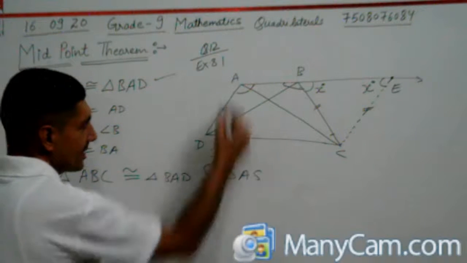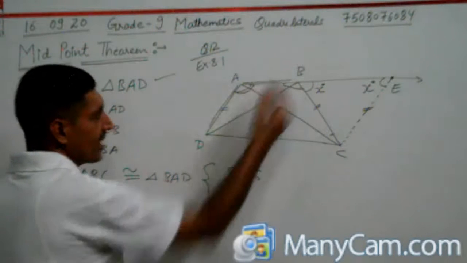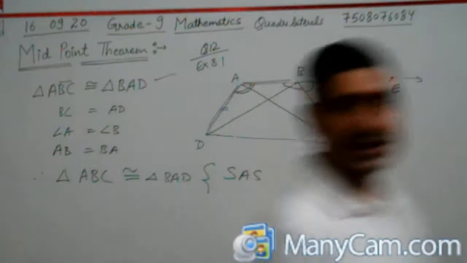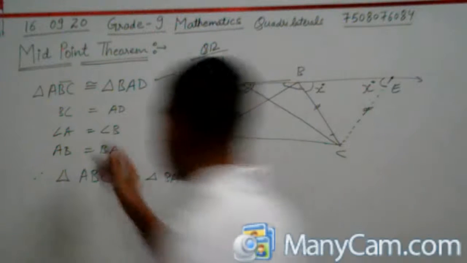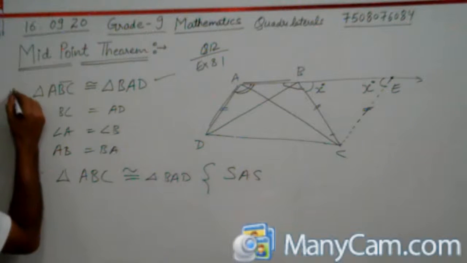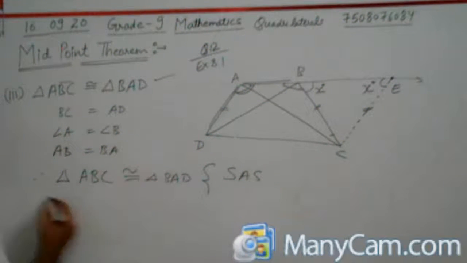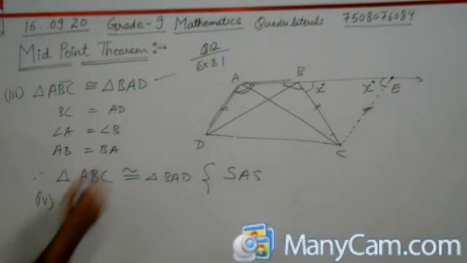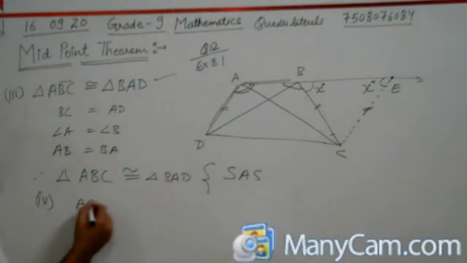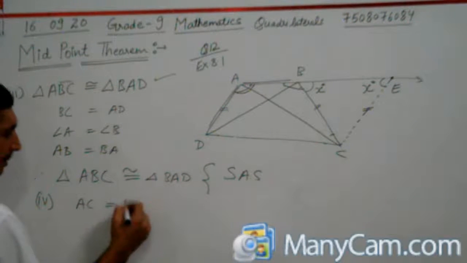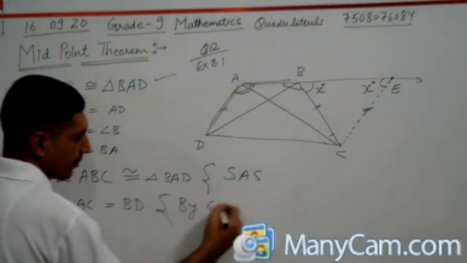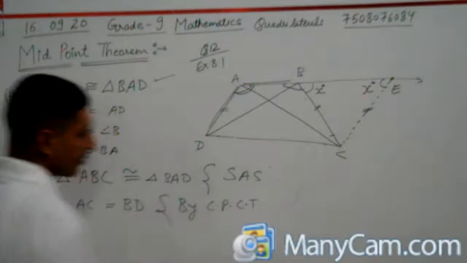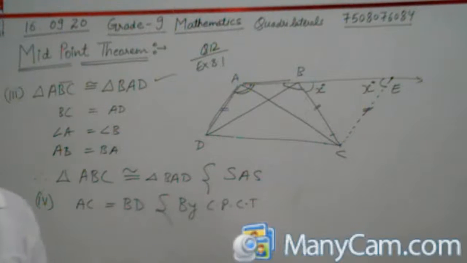By the side angle side rule, the triangles are congruent, and this is the third part which we wanted to do in this question, whereas the fourth part, we want to prove here diagonal AC is equal to BD. So why is it so? By CPCT. Corresponding parts of congruent triangles are always equal.